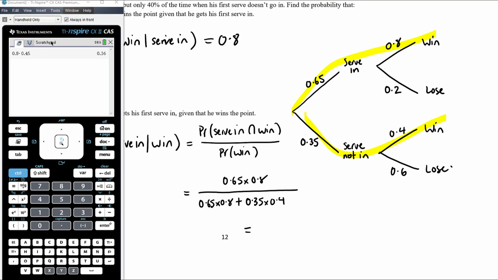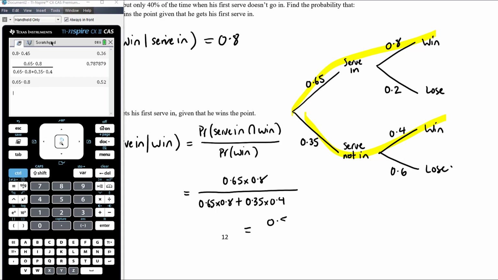All right, so let's work out what we've got here. So we've got 0.65 times 0.8 over 0.65 times 0.8 plus 0.35 times 0.4. Okay, so that's not a nice exact decimal. It does look like it's a recurring decimal, so I could write it as 0.78 recurring, but perhaps if I calculate those numerators and denominators separately, I can get an exact fraction.